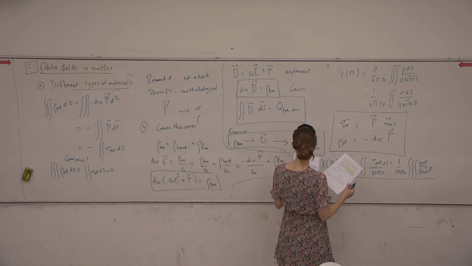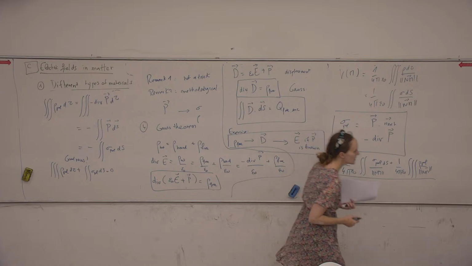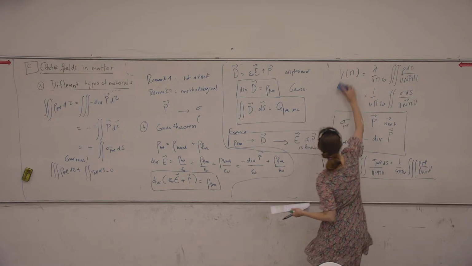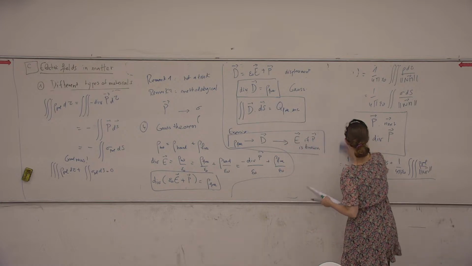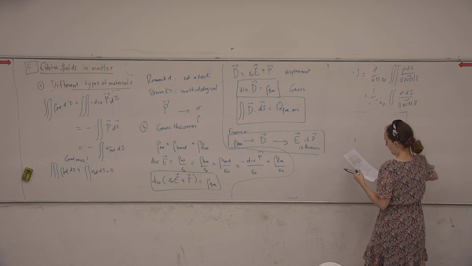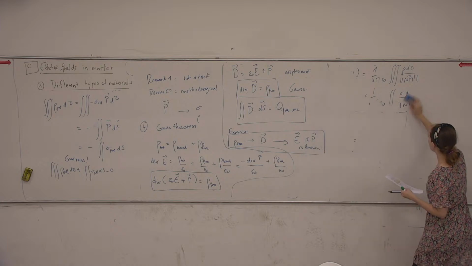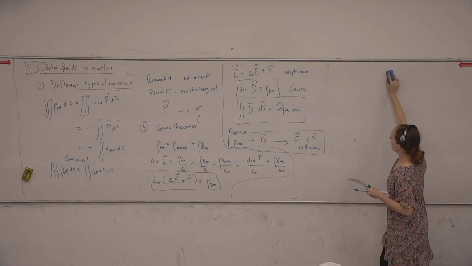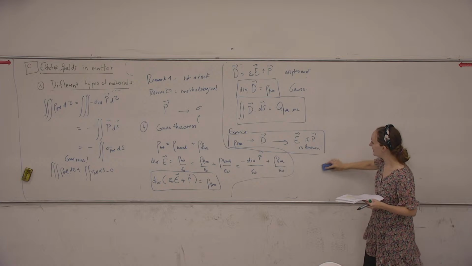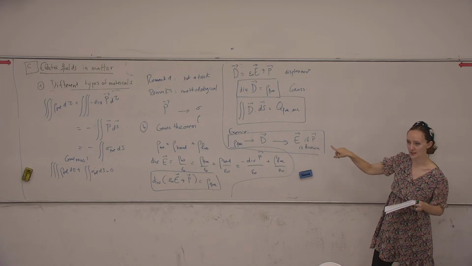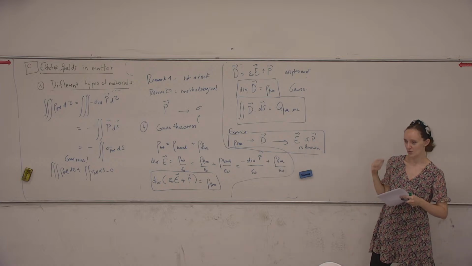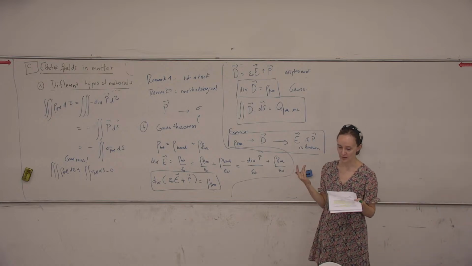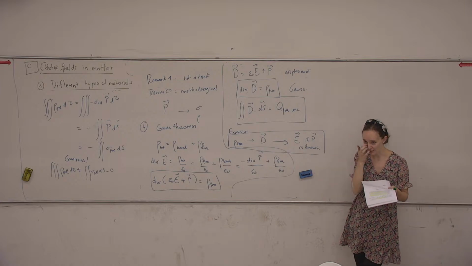And I'm going to make two very quick comments, and then I will give you one more definition, which you will need for exercises. So one important comment: D is the analog of E in the electrics, right? Because you can write a Gauss theorem in the same way we could write a Gauss theorem for E in vacuum.